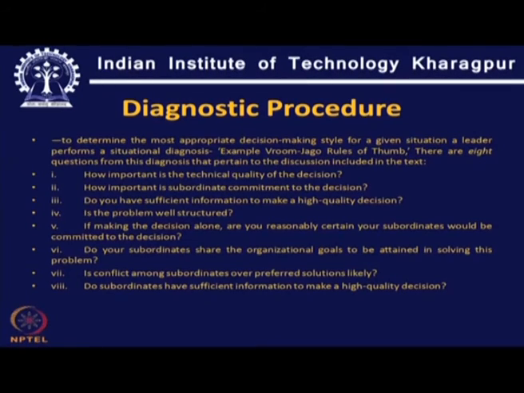If making the decision alone, are you reasonably certain your subordinates will be committed to it? Do your subordinates share the organizational goals to be attained? Is conflict among subordinates over the preferred solution likely? Do subordinates have sufficient information to make high quality decisions? So, these are a few relevant questions that you should ask to diagnose which leadership style is being followed.